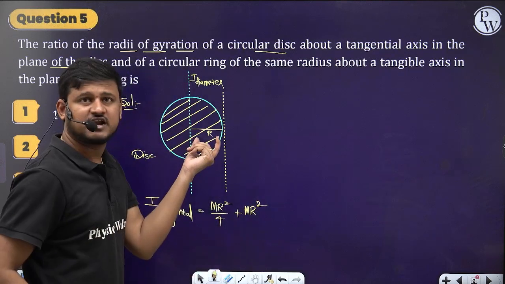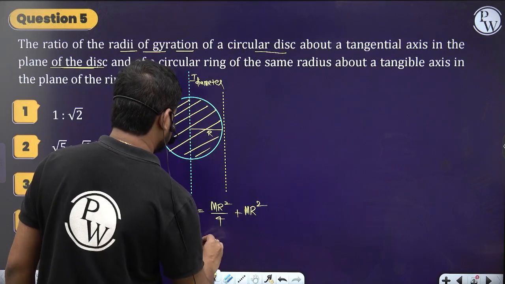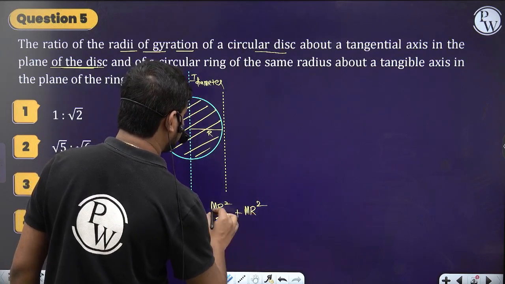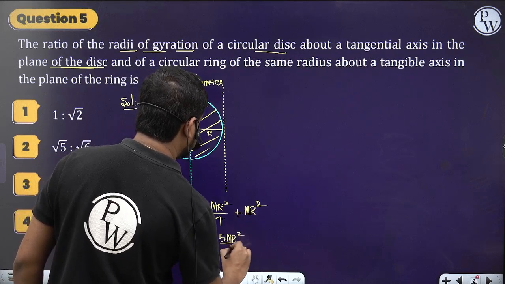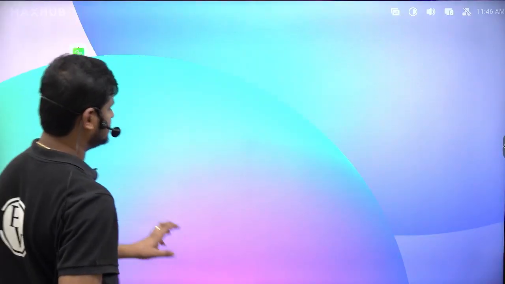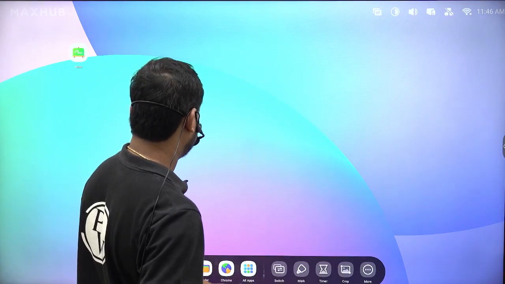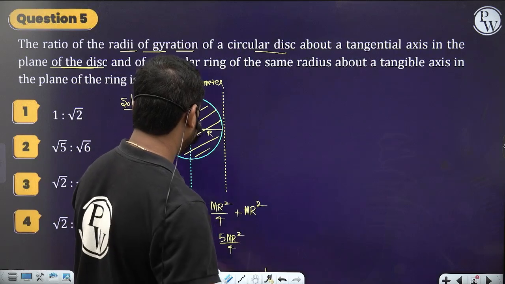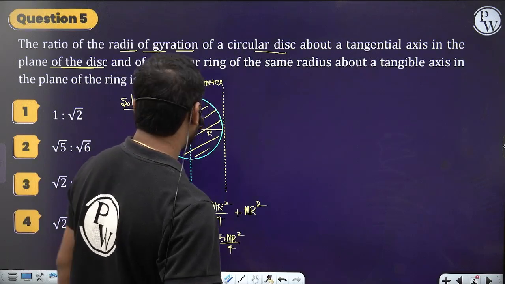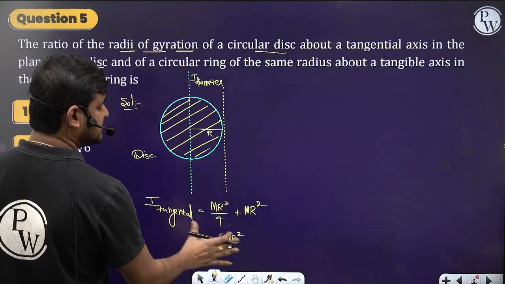We are applying the parallel axis theorem, same concept. So this will be mr square by 4 plus 1 mr square, which is 5 mr square by 4. This is for the disc, about the tangential axis.